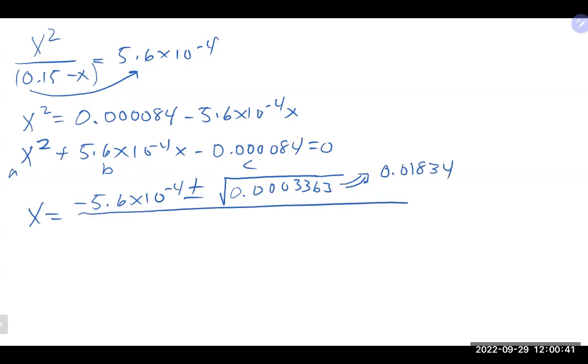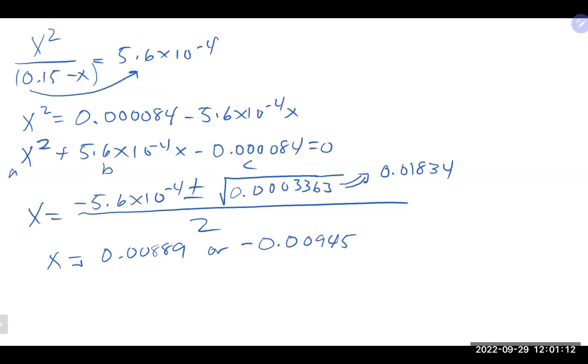All going to be divided by 2 times a, which in this case would be 2. Going to give us 2 x's in this case, going the positive root first will get us x is equal to 0.00889. Going in the negative direction, which probably is not going to be good, minus 0.00945. Questions up to there?